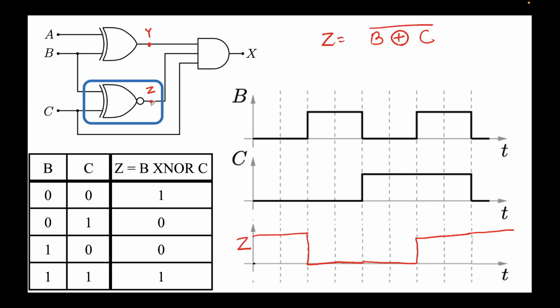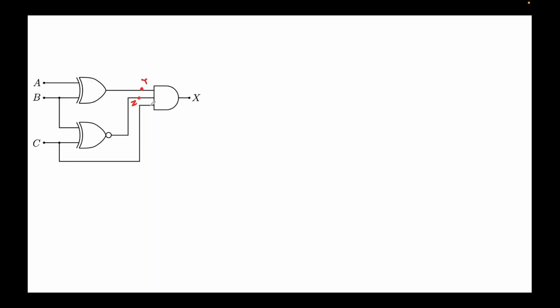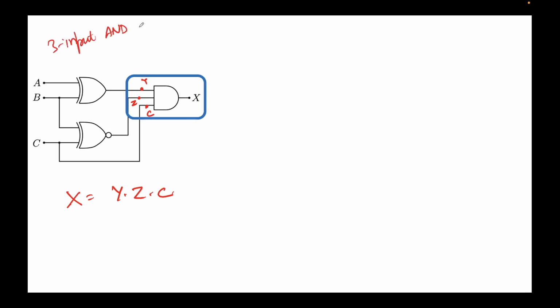Now this is the circuit again, and these are the nodes Y and Z that we had obtained. Now let's look at this again, the blue rectangle that you see, YZ. So what is X? X is clearly Y times Z times C. This is C. So X is a 3 input AND gate.